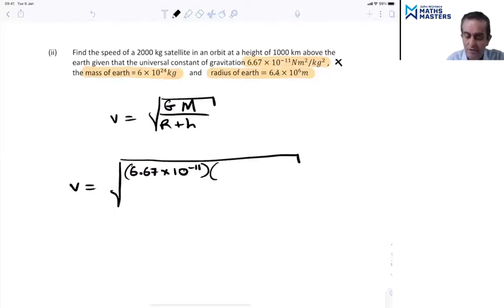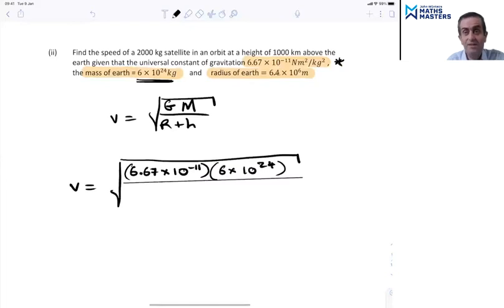We're given that just over here. The mass of the Earth, given here, 6 by 10 to the power of 24, divided by the radius of the Earth plus the height of the orbit. Now the radius of the Earth is 6.4 by 10 to the power of 6, plus the height of the orbit. Well, it's 1,000 kilometers up into space.